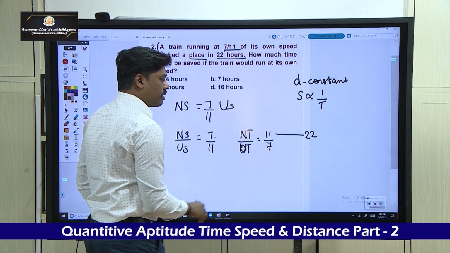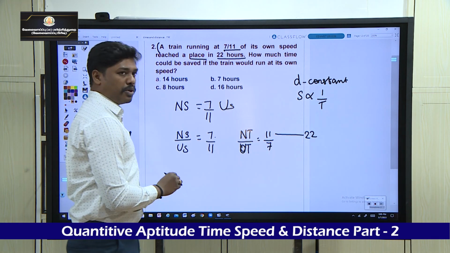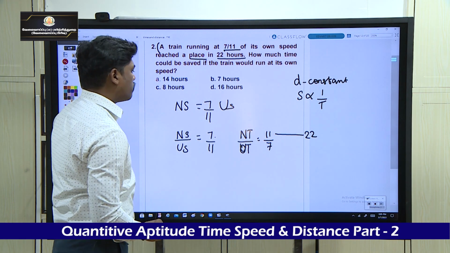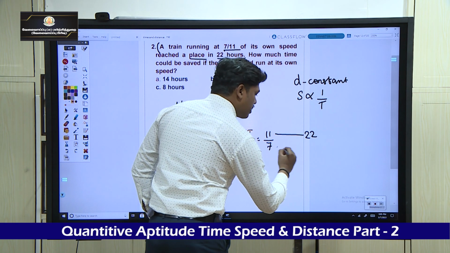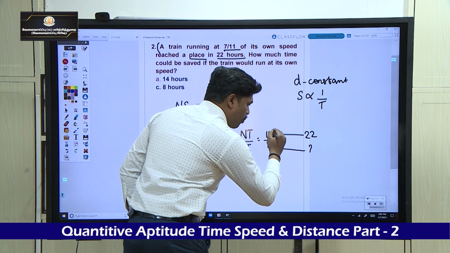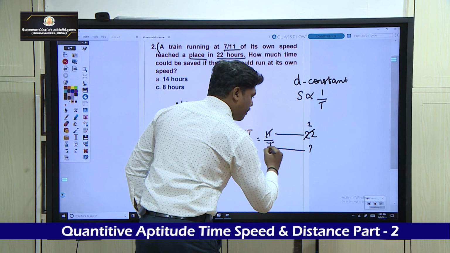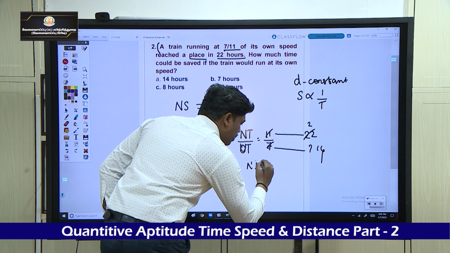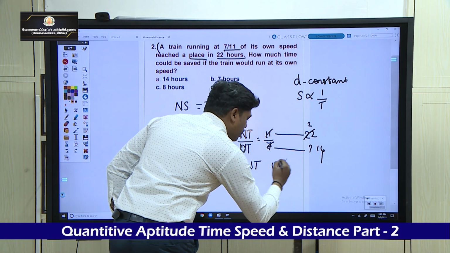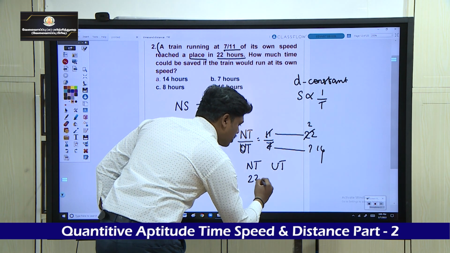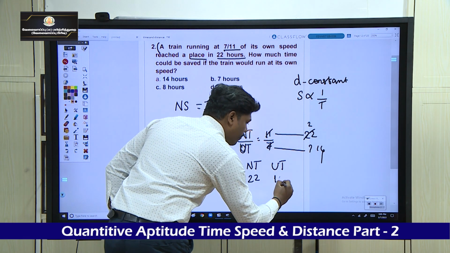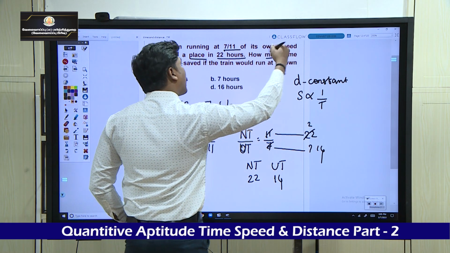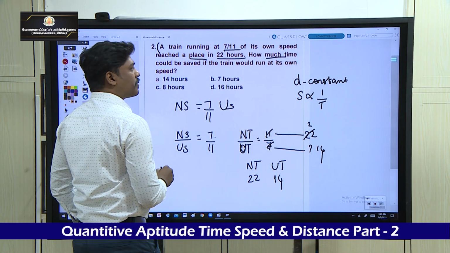So look at the timing here, new time by usual time. 11 parts is 22. Then what about 7 parts? Here 1 part is 2, so 7 parts means 14. So new time is 22 hours, and usual time is 14 hours. The question asked here is how much time could be saved if the train runs at its own speed.